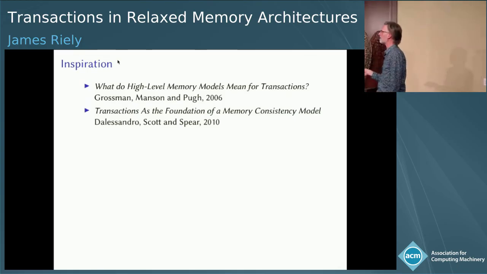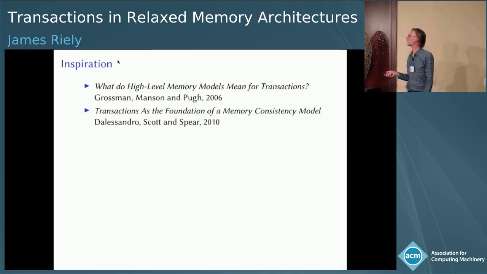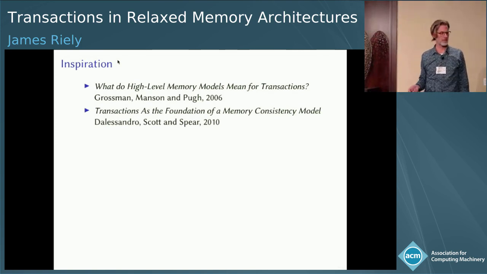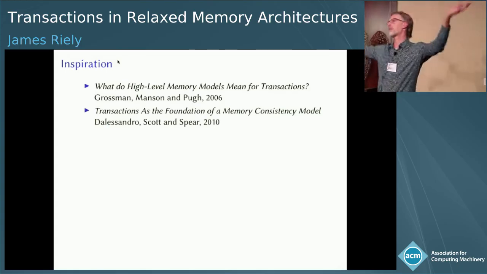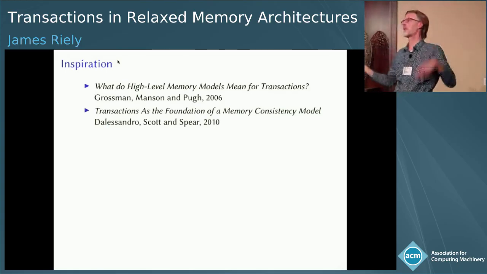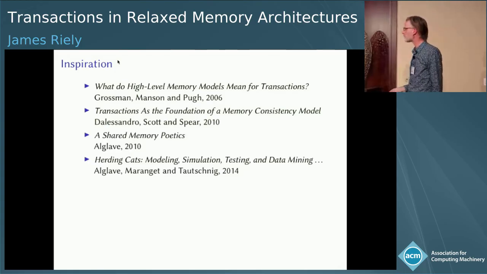So the entirety of this work could be seen as a way of fleshing out this paper by Grossman, Manson, and Pugh from 2006, where they first looked at these kinds of thoughts around what a transactional model looks like. This was worked out in some detail for the data race free case by D'Alessandro, Scott, and Spear. And what we've handled is, if you like, the full general racy case for an axiomatic model like Alglave.